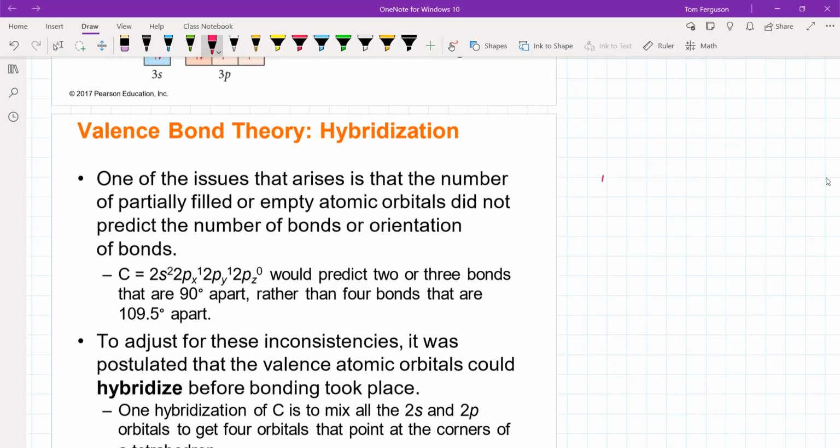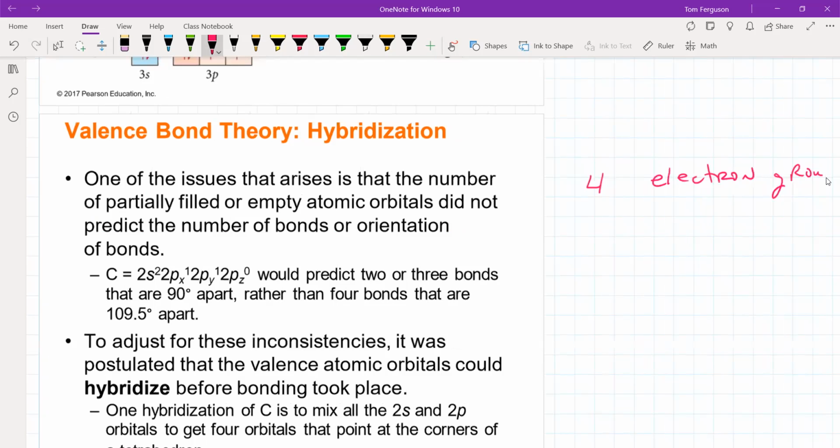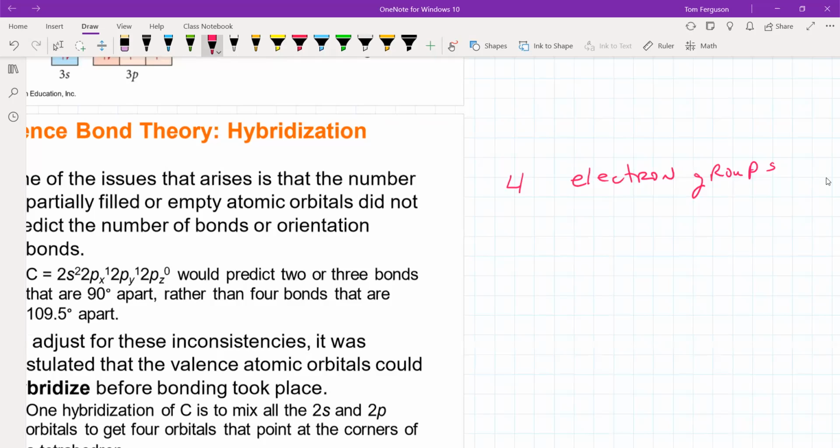So when you have 4, it's sp3. And this goes back to, remember we had the s orbital and the 3 p orbitals. Those all come together to form 4 degenerate orbitals. The name of the new set of orbitals is called sp3 because it's made of an s and 3 p's.